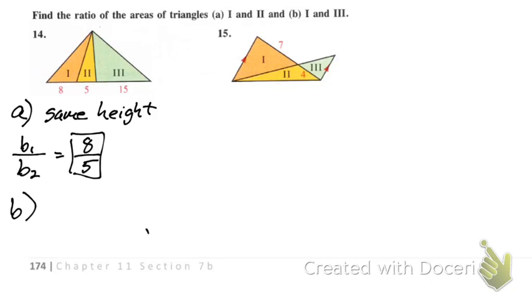Correct. They're not similar, so they have to be same height. Do they look like they're the same height? If I put a line, yeah, they're the same height. So once again, same height. This time it's going to be the base of area 1, which is 8, over the base of area 3, which is 15.